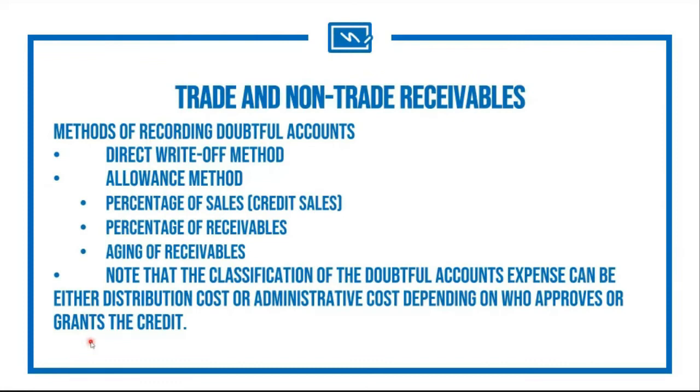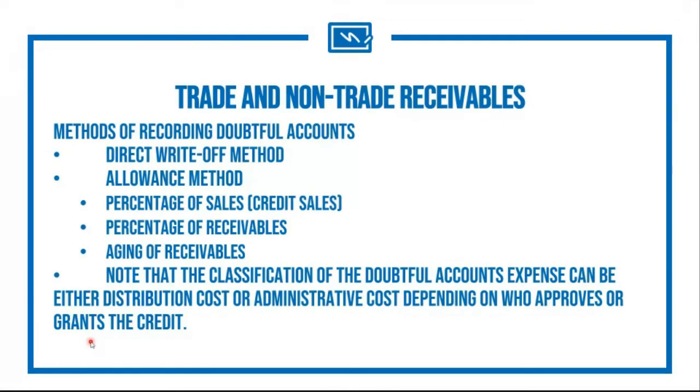So this is for purposes lang of later on kapag nandun ka na sa presentation ng iyong income statement or ng iyong profit or loss at ikaw ay gumagamit ng function of expense method. Kasi sa function of expense method, meron ka kasing selling expense tapos administrative expense.